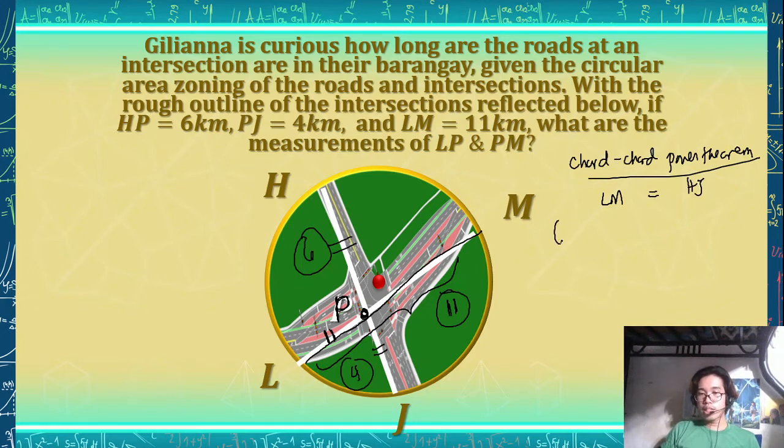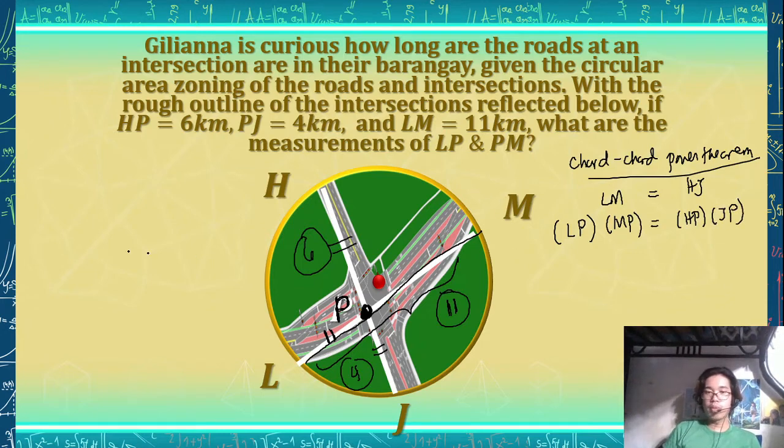So this is the segment LP. This is point P at the center. So this is going to be LP times MP, and that's going to be equal to HP times JP or PJ.